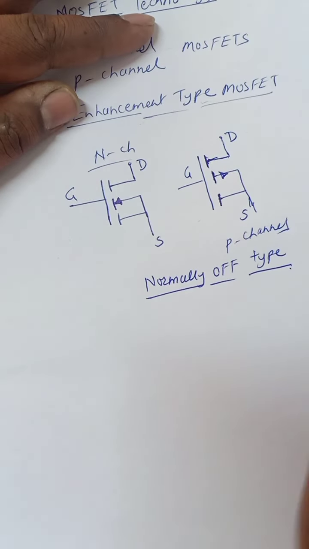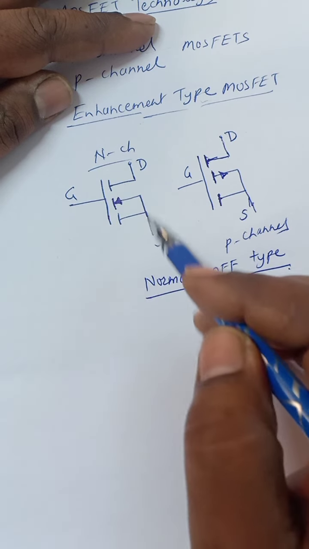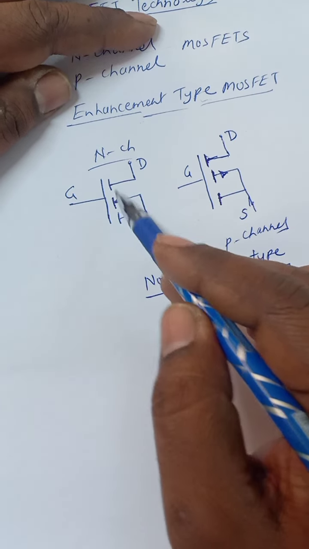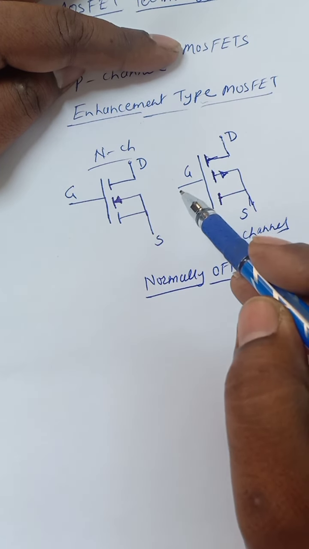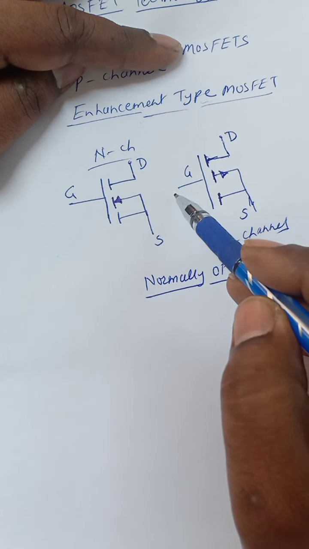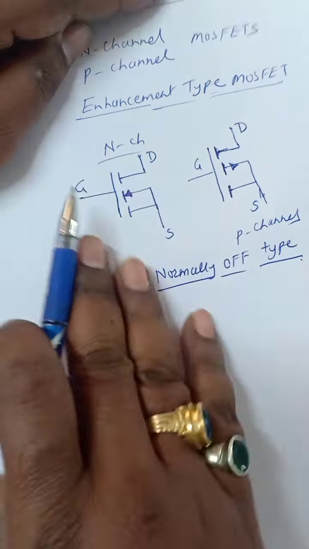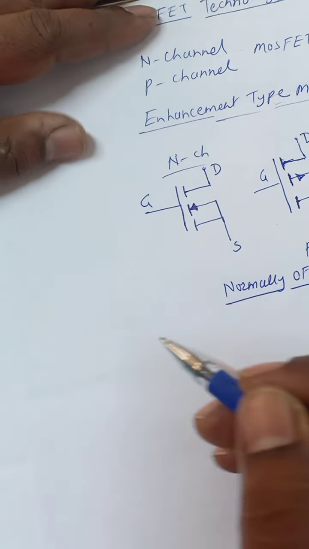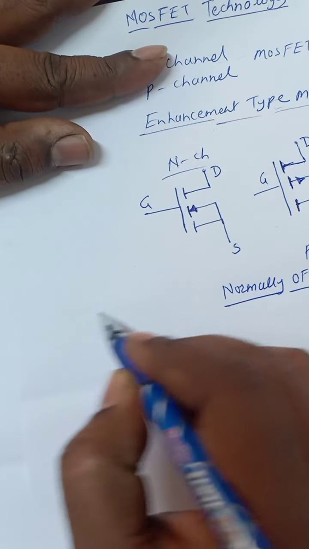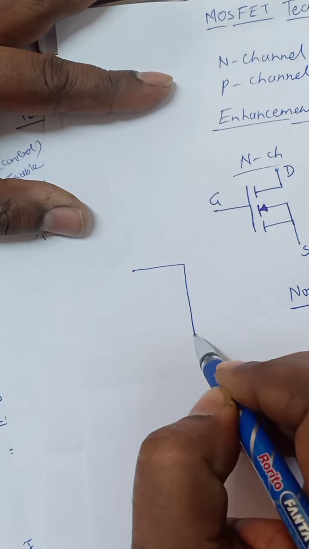So for N channel, which gate voltage do we require to create an inversion layer or channel, and for the P channel, which gate voltage will we require to create the channel? Let us discuss the structure of the N channel MOSFET. It is like this.